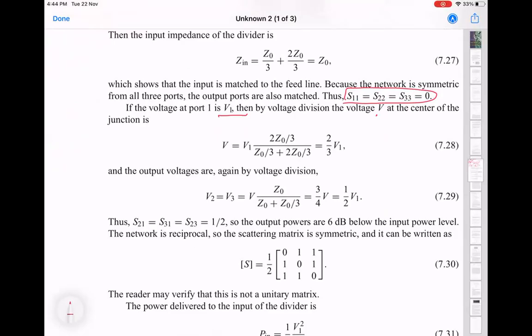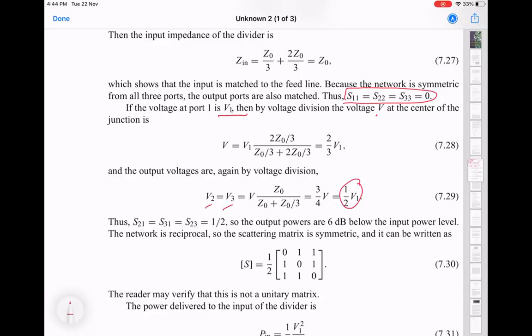So remember, the voltage is half. This might look misleading, that it looks like equal power splitting, but it's not. The output voltages V2 and V3 are half of the input voltage, which means the power is 1/4 of that. So you get 50% power loss. But your S matrix looks nice like this.